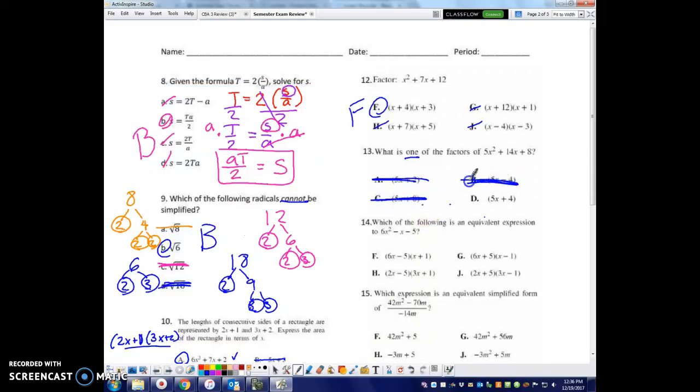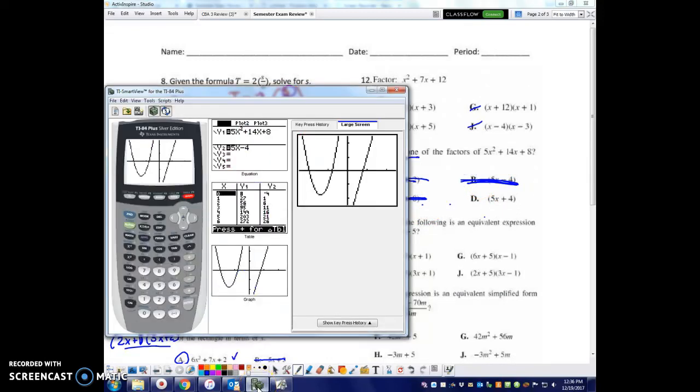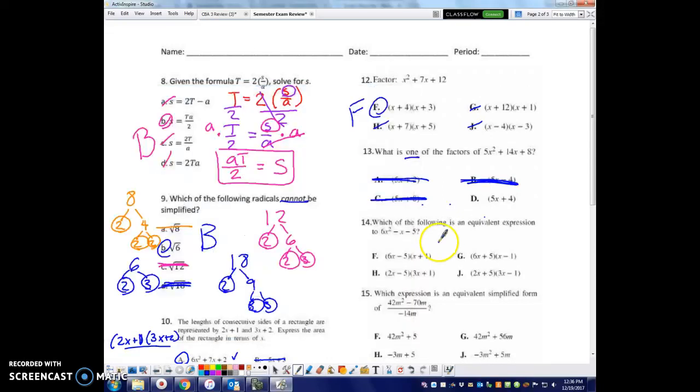Oh, sorry, that was B. Let's check C. 5x plus 8. Does not cross through the x-intercept. That needs to be either here or here. It does not cross through there.